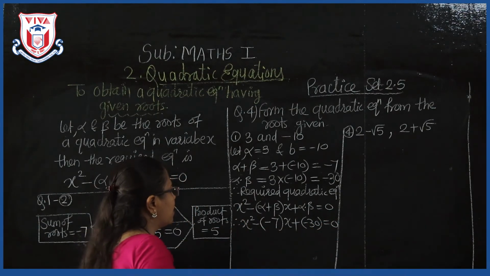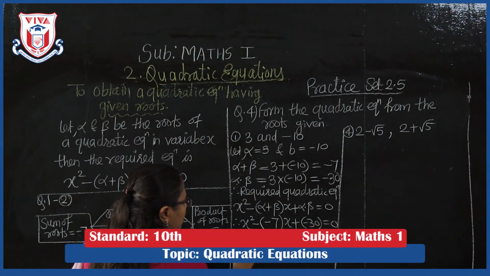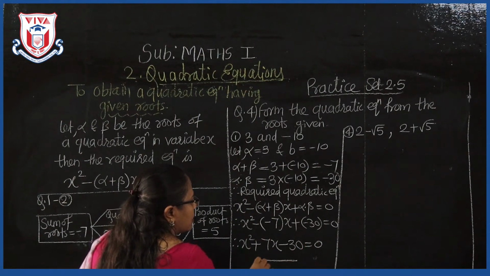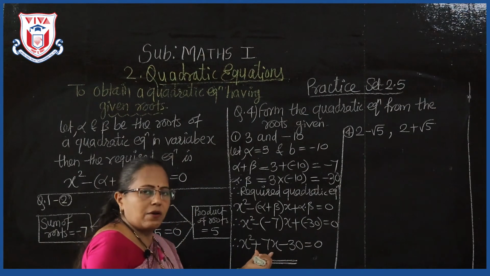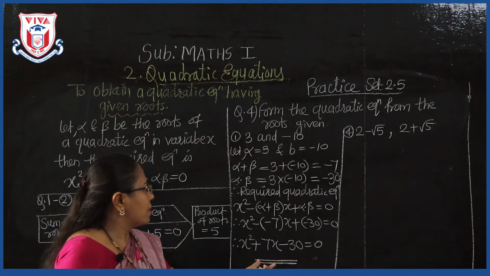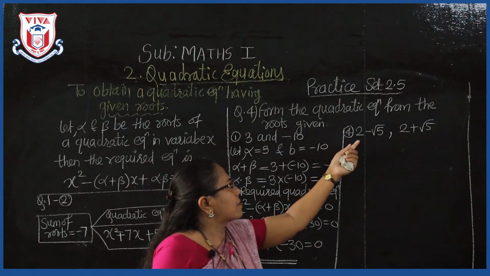Okay, and now we will write the final equation. x square minus into minus, plus 7x, plus into minus, minus 30 equal to 0. Now this is the required quadratic equation. Followed? Okay, now we will go for the next.